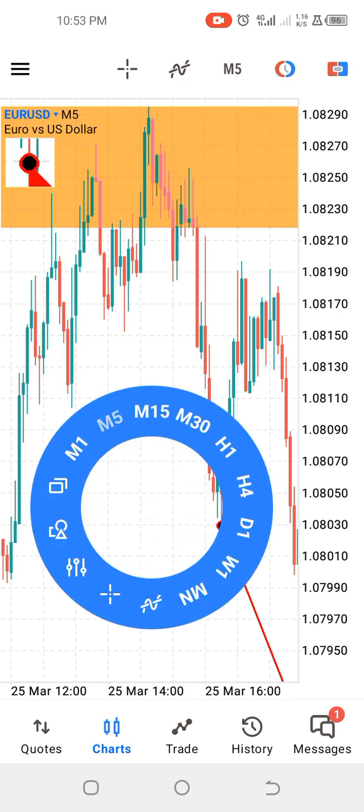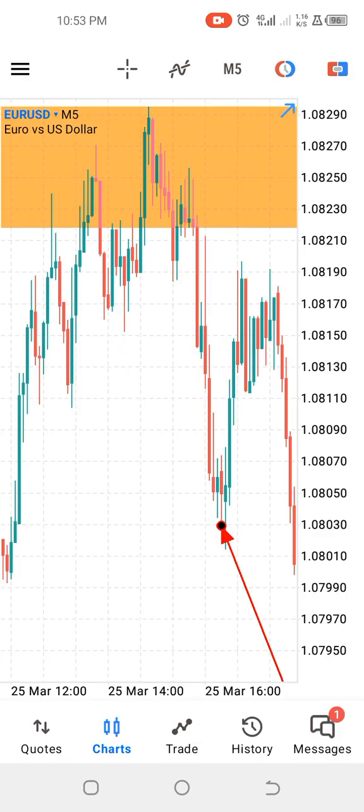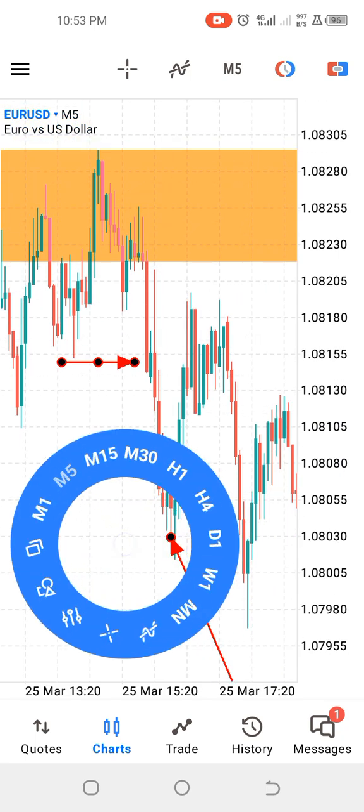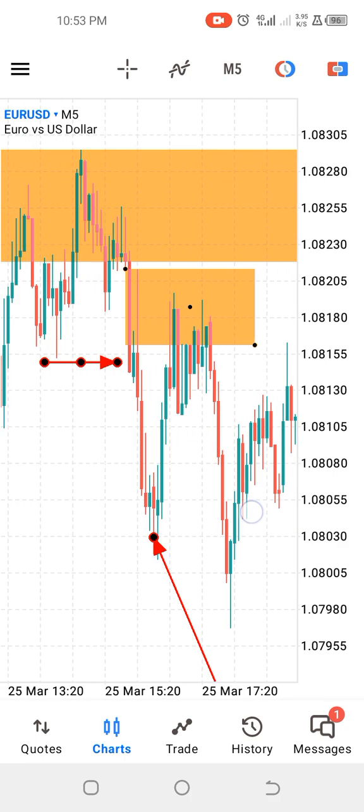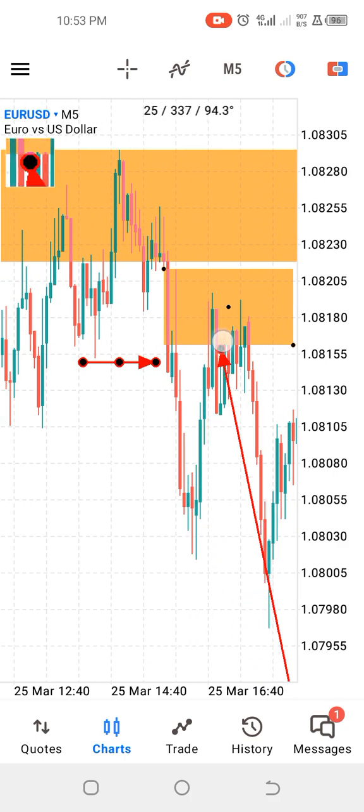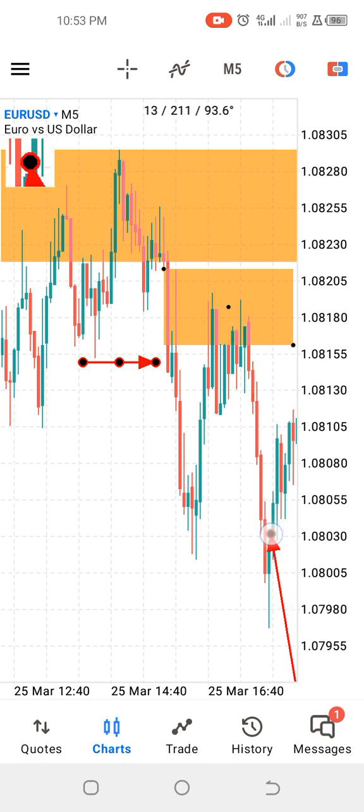After this lower low was formed right here, we had this retest on this fair value gap. That's where I entered my trade, that's where I entered my sell position to push to the downside.